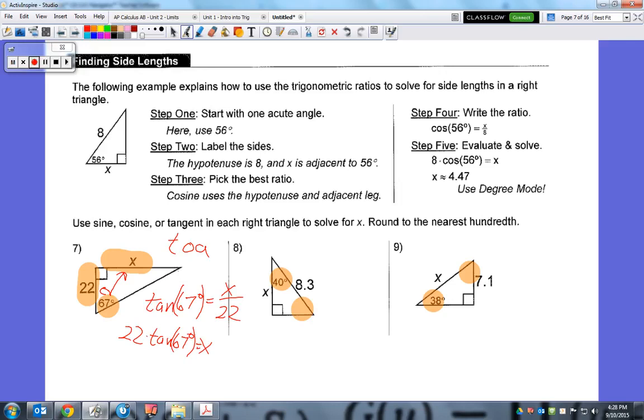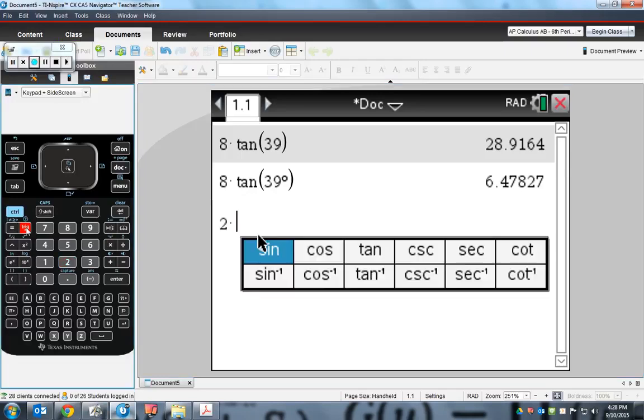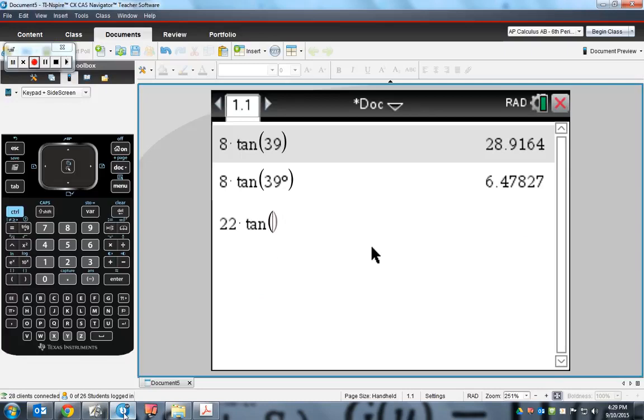Okay, and this is multiplication right here. It says use sine, cosine, or tangent to find x and round to the nearest hundredth. So that's 2 decimal places. And I'm just going to put this into my calculator. So 22 times the tangent of 67 degrees.